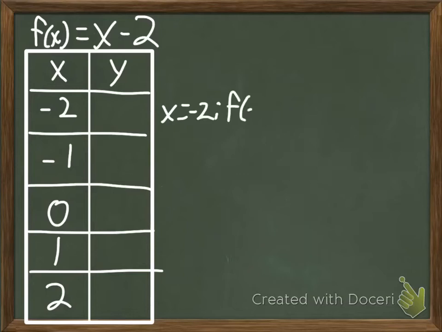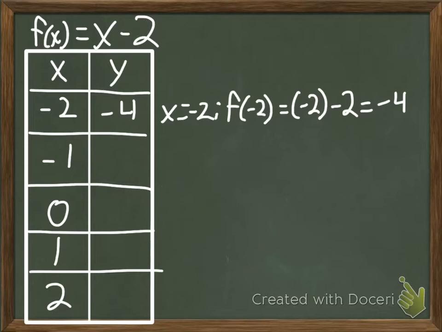So it's f of negative 2 equals. So anywhere there's an x, I'm going to plug in negative 2 in parentheses. So we have parentheses negative 2 minus 2. And negative 2 minus 2 is negative 4. So under my y value here, I'm going to put negative 4.